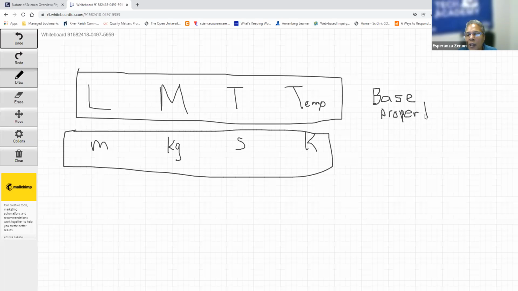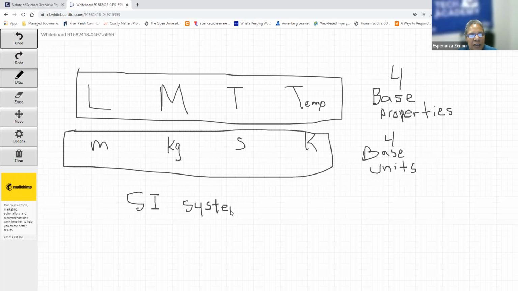Okay, so the 4 base properties and the 4 base units, and this is the SI system, or the metric system, as you probably have heard it referred to.